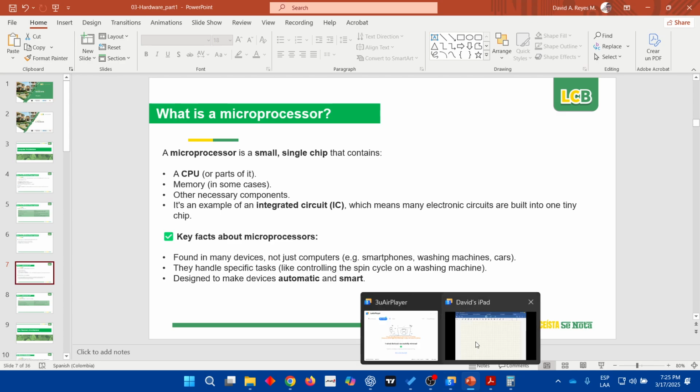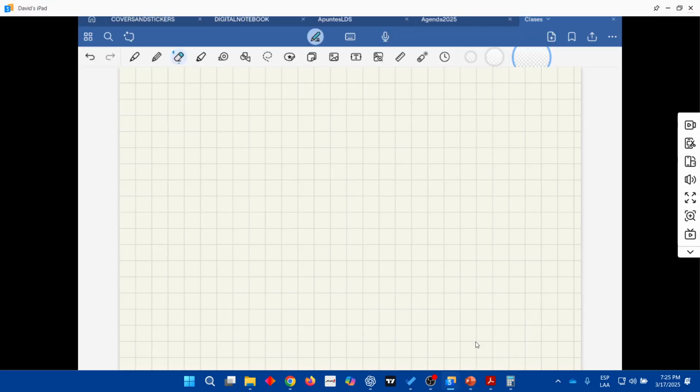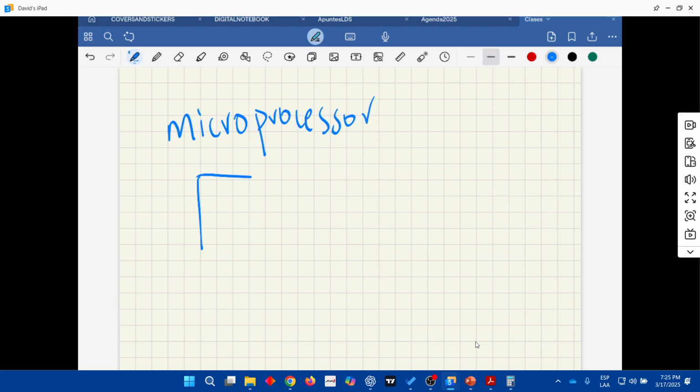So let me show you here. We have something that is called a microprocessor. Let's suppose that this is a CPU, and inside this one we can have other tiny microprocessors.